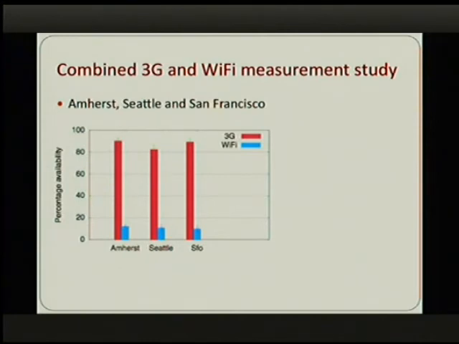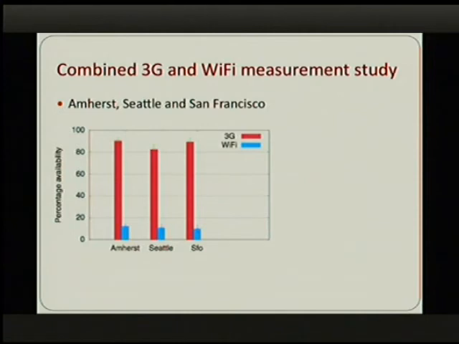I equipped a vehicle, a car or a bus or what have you, with a computer, a GPS and a Wi-Fi radio as well as a 3G modem. And the software would continuously, simultaneously send data both on Wi-Fi and on 3G. And the idea was to find out both what the availability was and what the performance was.